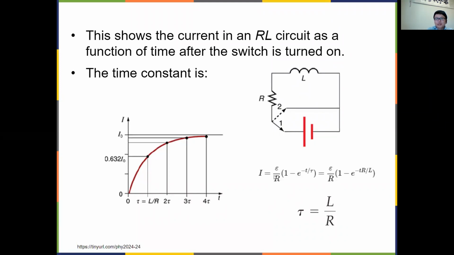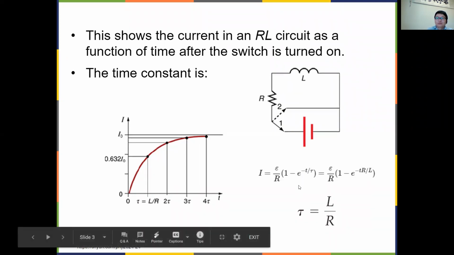This is similar to the exponential function in the RC circuit, where tau here is equal to L over R. In an RC circuit, your tau is equal to R times C.